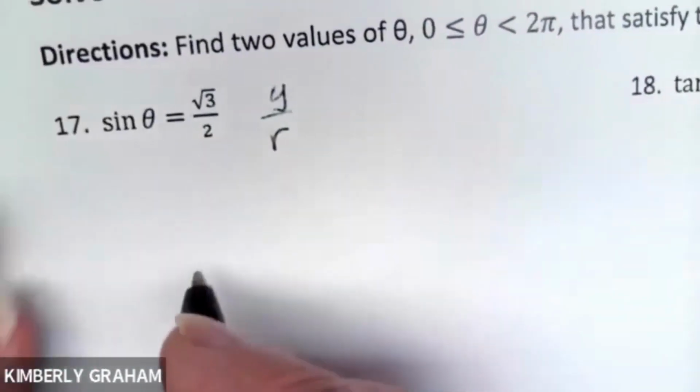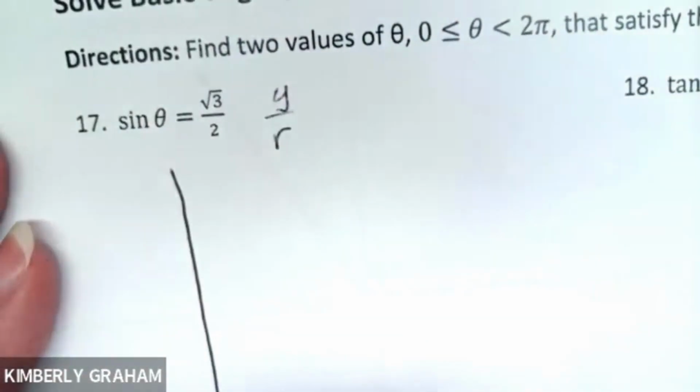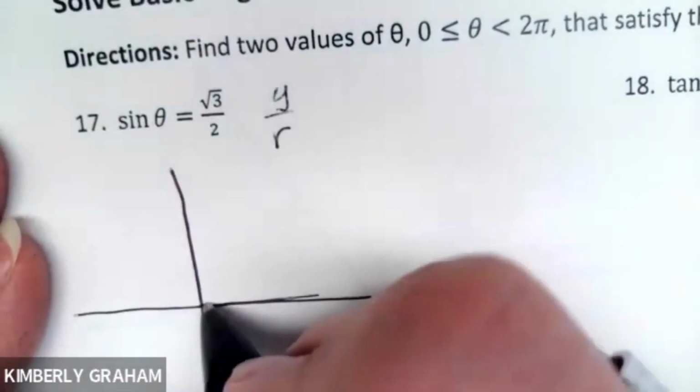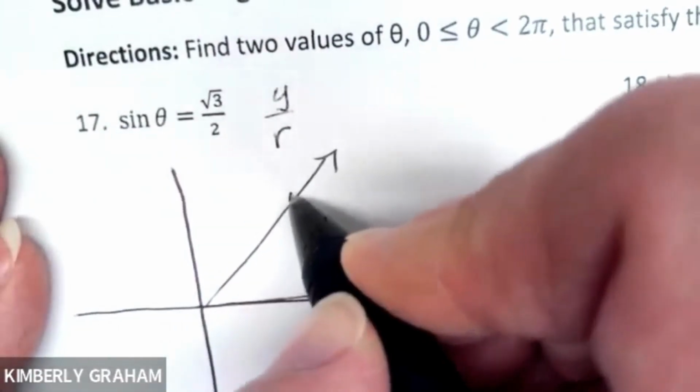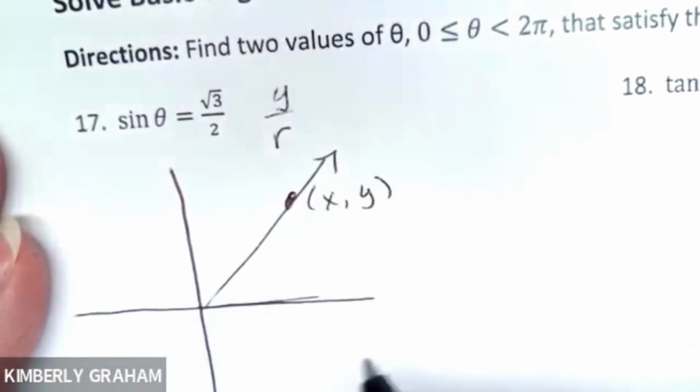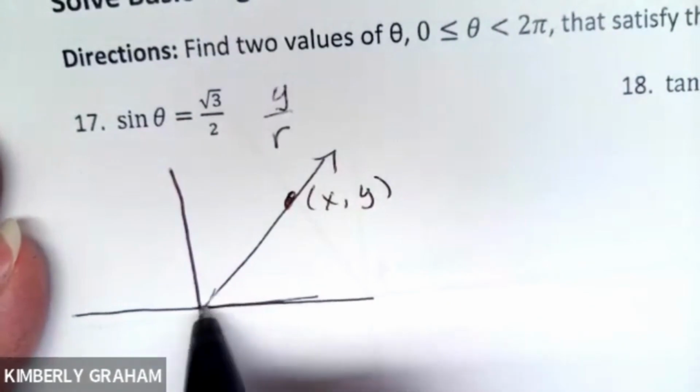So I could either have an angle that's here in quadrant 1 with a point (x, y), or I could have an angle over here in quadrant 2.